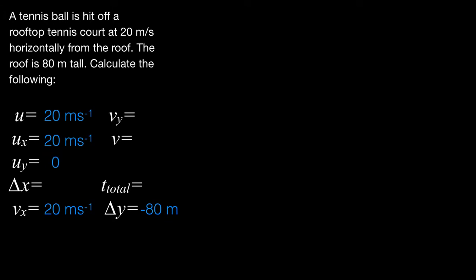So now, in order to find any of the remaining values, we need the total time. So I need an equation that has t as the only unknown variable. I'm going to look at the vertical equations with t, these ones here on the right. These are the only vertical equations that have t in it. So the first one has Vy in it.